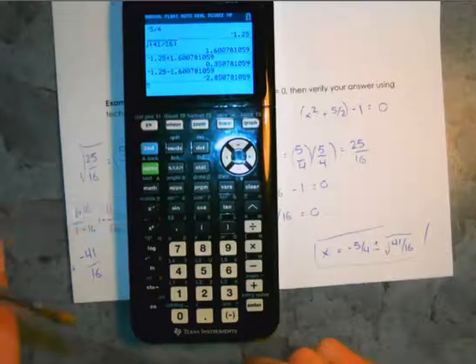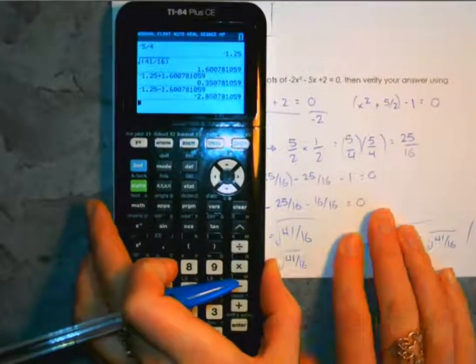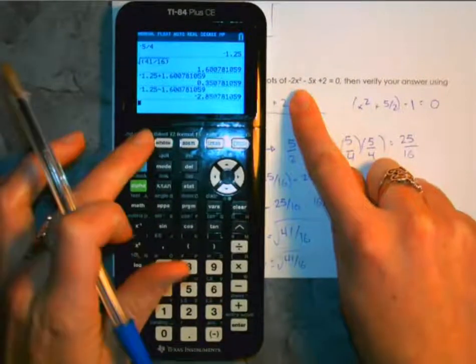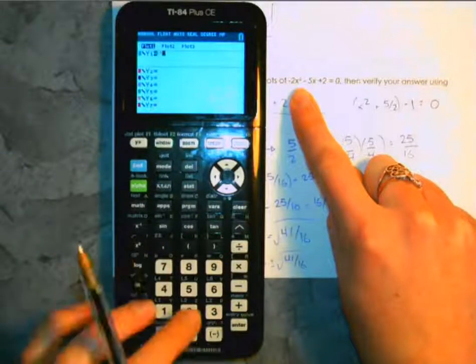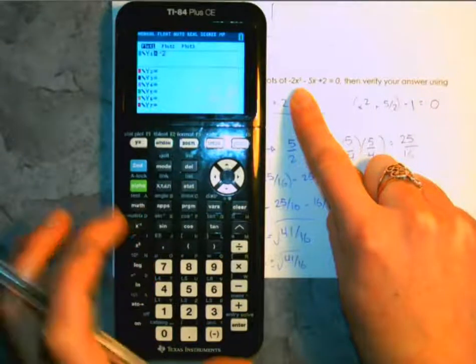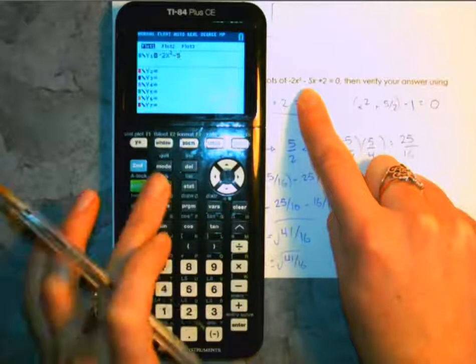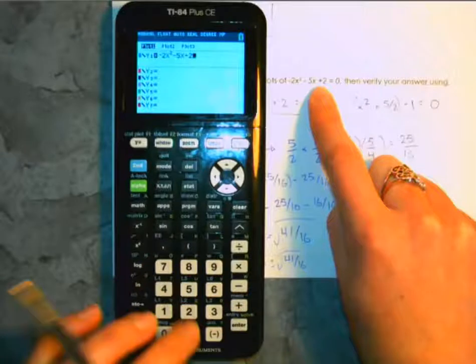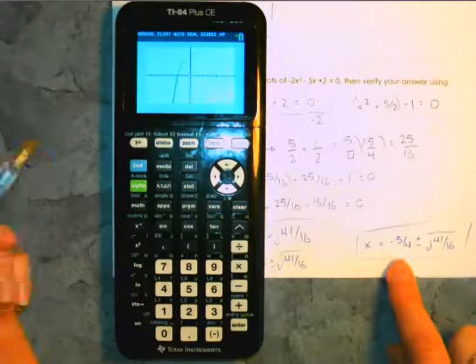Now we want to graph and see if our graph verifies those answers. So go into your y equals and enter in negative 2x squared minus 5x plus 2. And look at our graph.